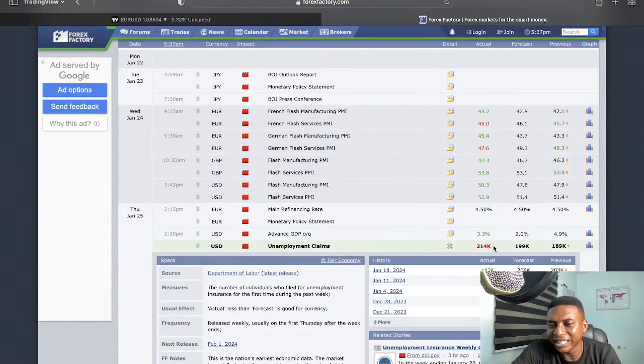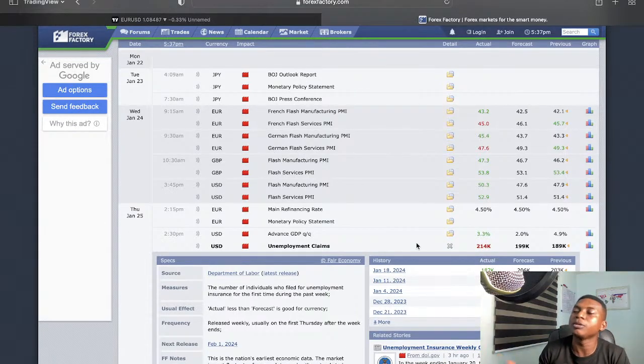It shows that unemployment claims increased. If unemployment claims increased, it is a bad signal for the currency, because now more people are claiming not to have jobs, not to be earning or making money.